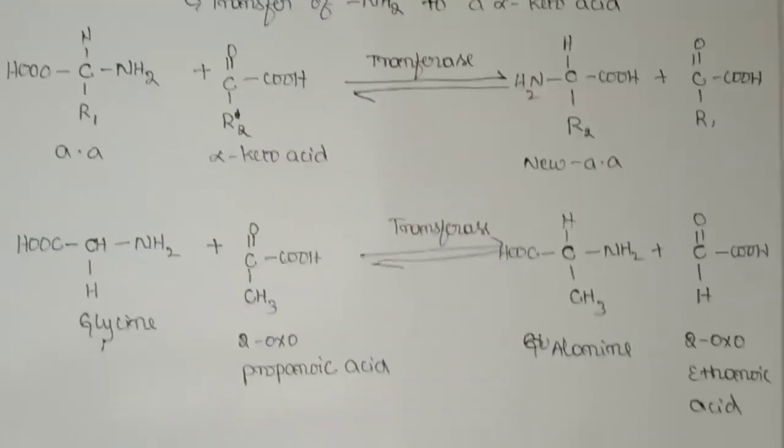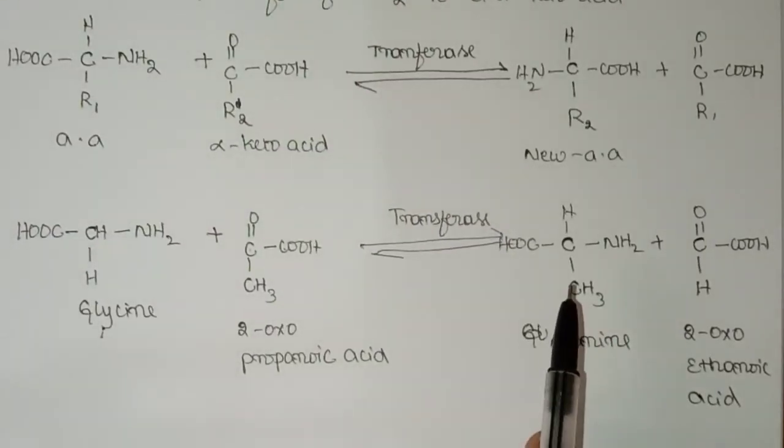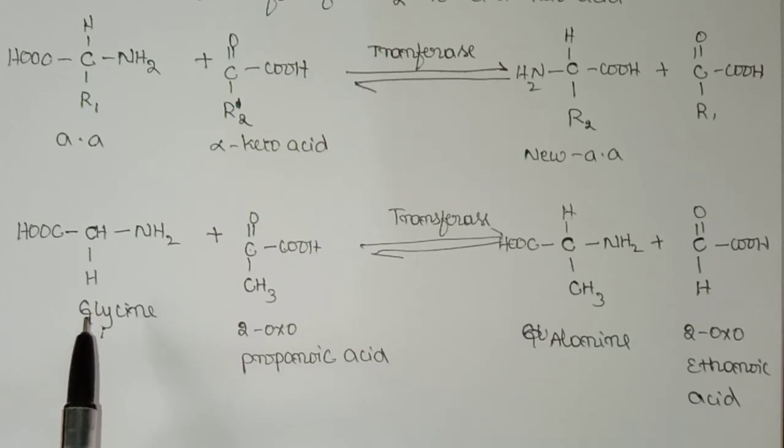So alanine is the new amino acid produced when we perform a transamination reaction of glycine with 2-oxopropanoic acid.